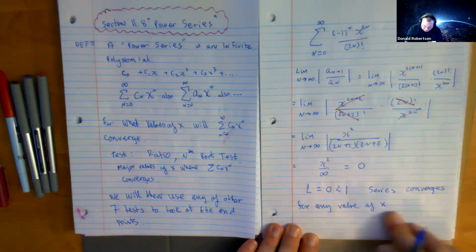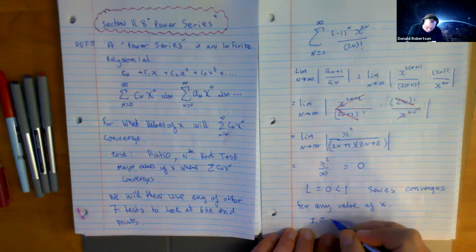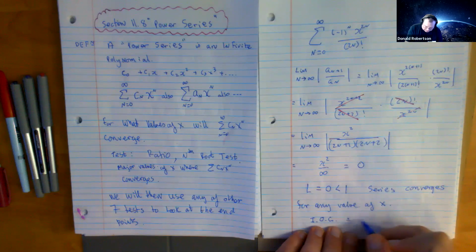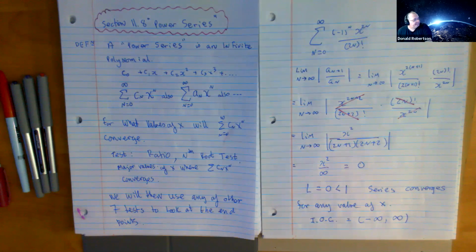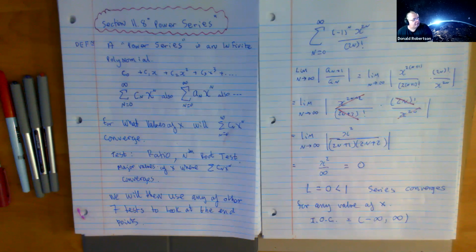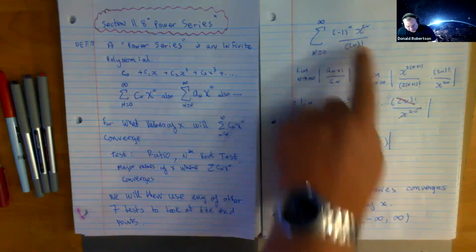And the answer, it converges for any value of x, which means its interval of convergence, because I don't want to have to say or write that down all the time, is going to be every value of x. So this power series will converge if x is 2, -2, 42 trillion, American debt, doesn't matter, it will converge. So we have found the values of x for which this particular power series converges.